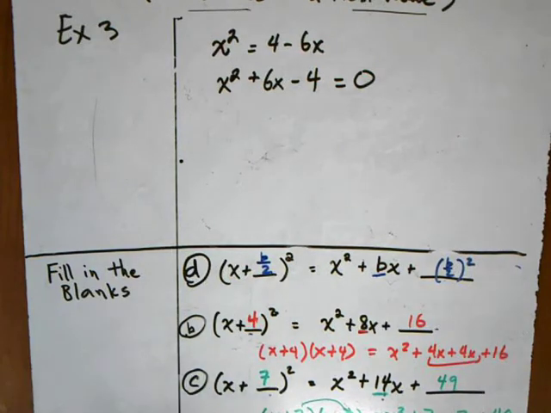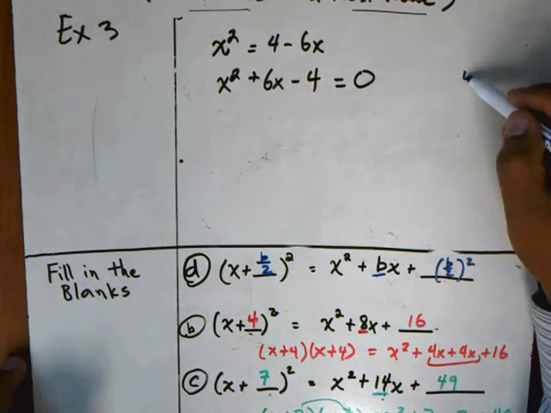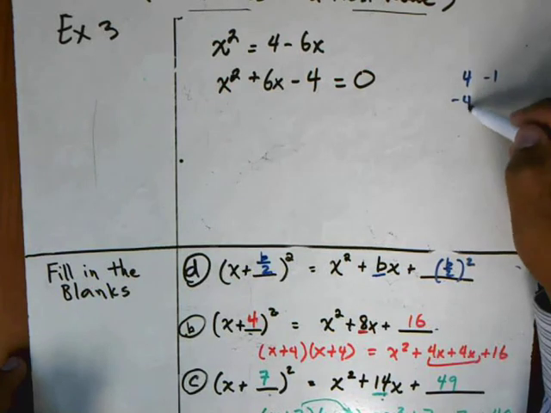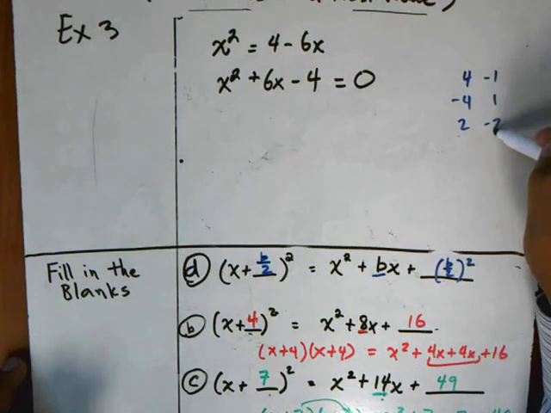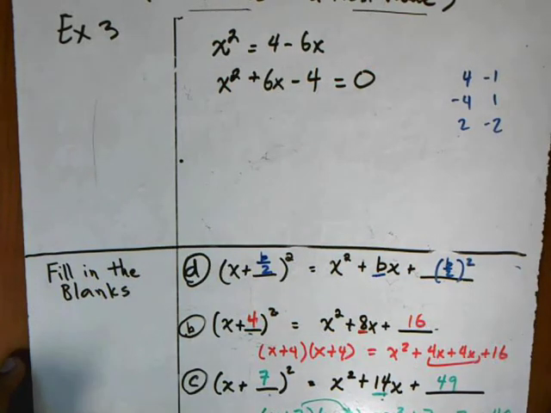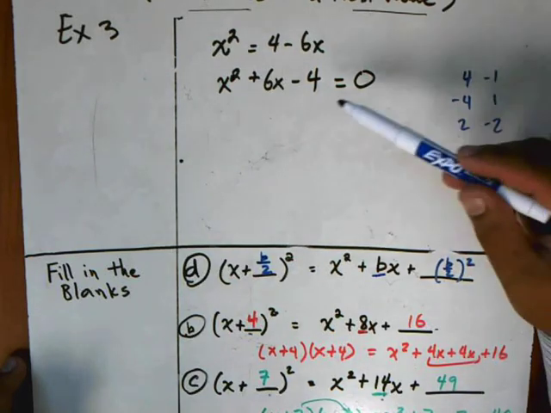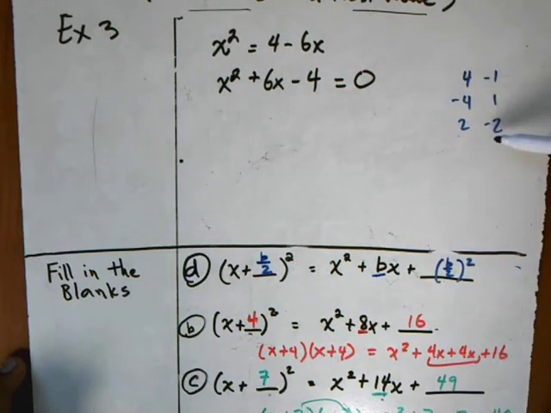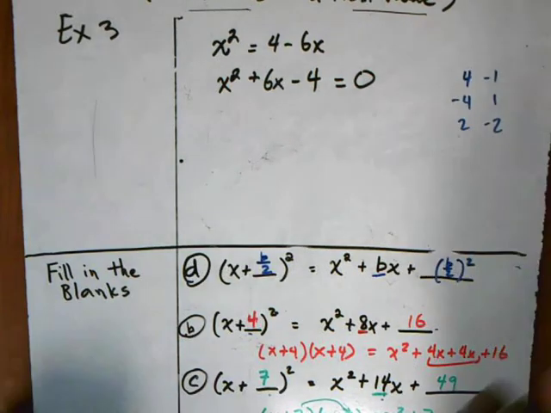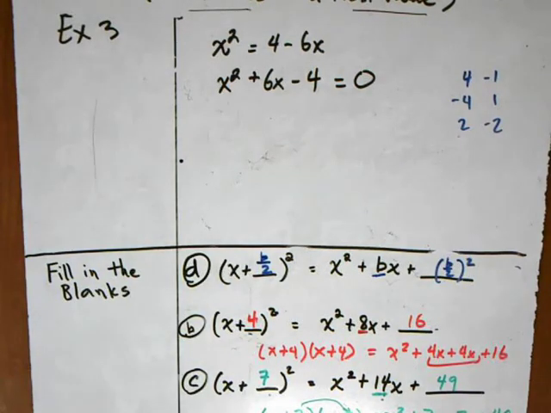You're looking for two numbers that multiply to give you negative 4 and add to give you positive 6. You can look through all of the combinations: 4 and negative 1, negative 4 and 1, 2 and negative 2. These are the numbers that multiply to give you negative 4, but none of them will give you a sum of positive 6.